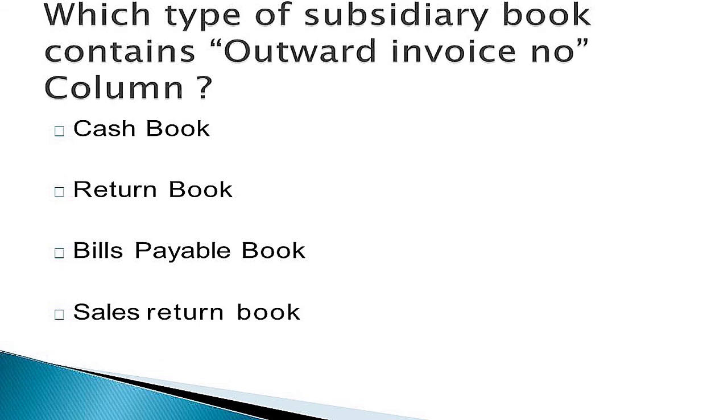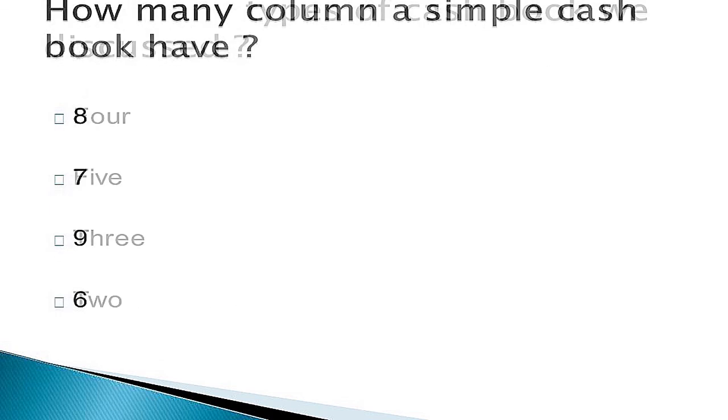Which type of subsidiary book contains the outward invoice number column? Can you find that one?